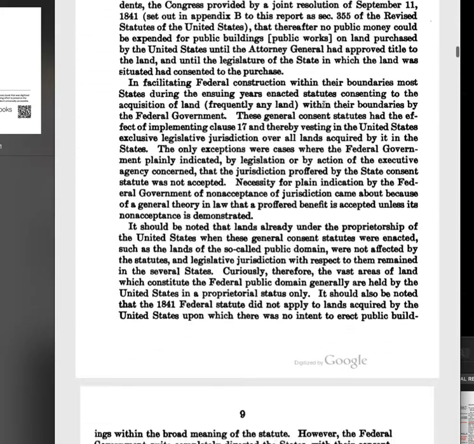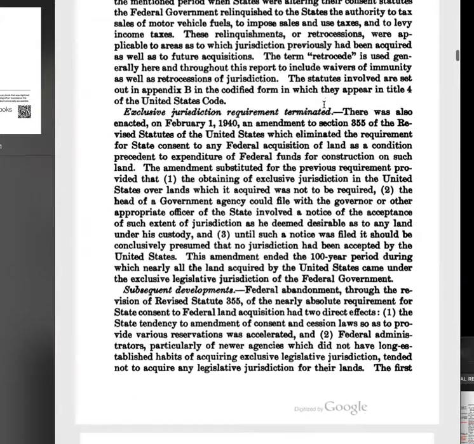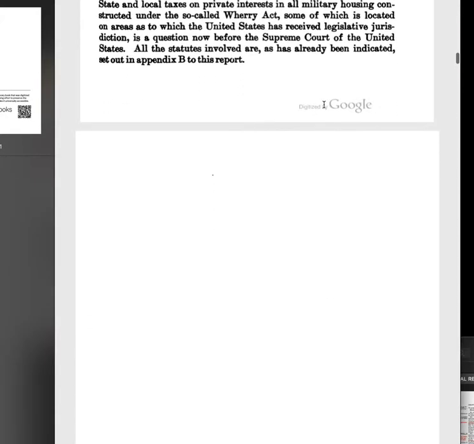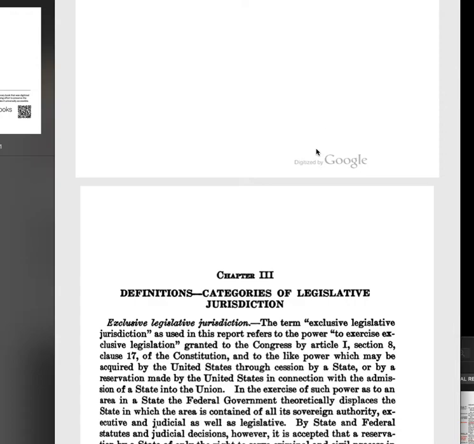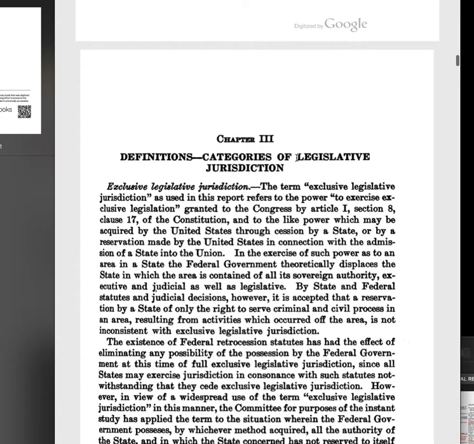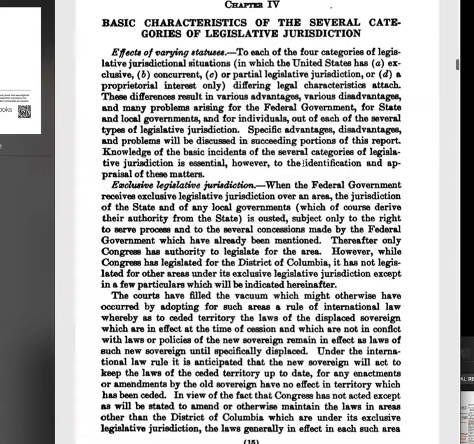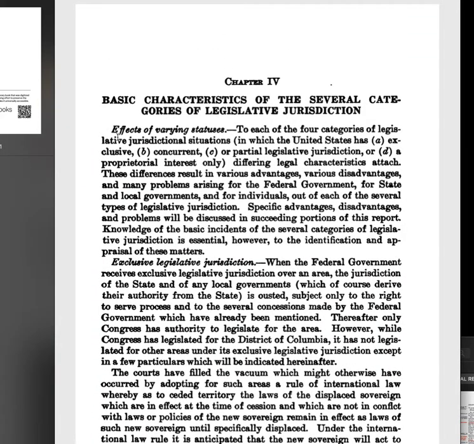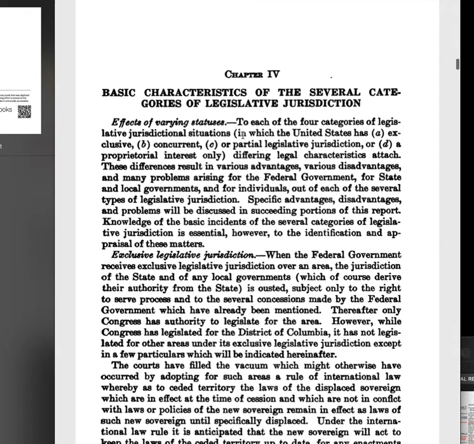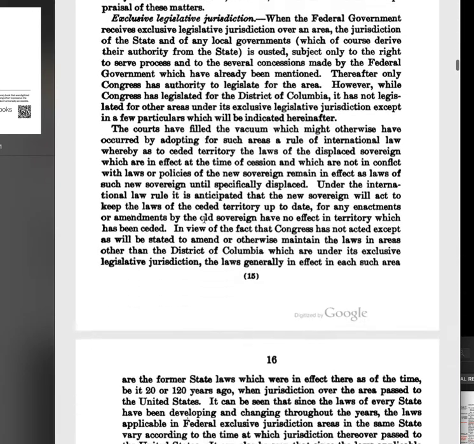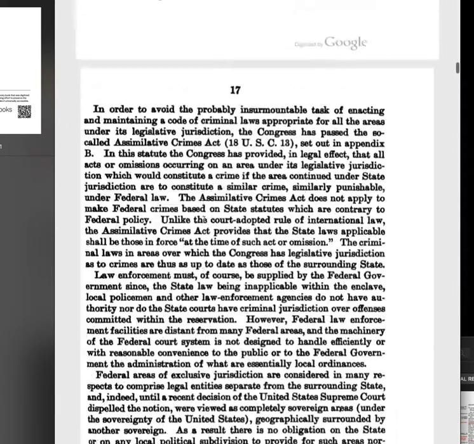I'll probably run through this fairly quickly because I've gone through this so much in chapter 1. And chapter 3 is also categories of legislative jurisdiction. I probably won't really get into that a whole lot. Here we have effects of variety of statuses, exclusive legislative jurisdiction, so more on that.